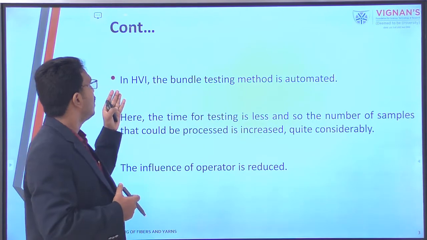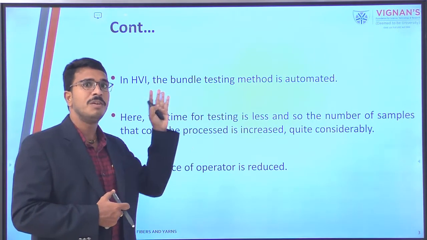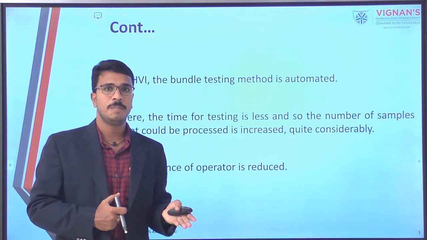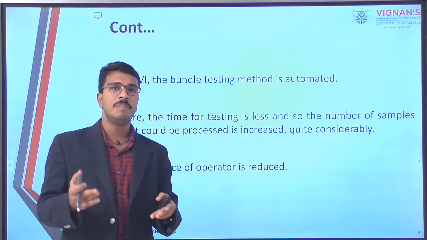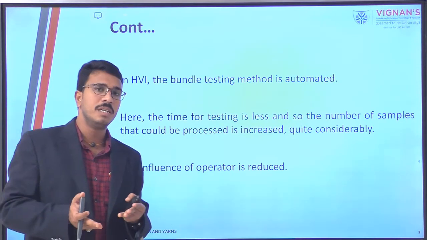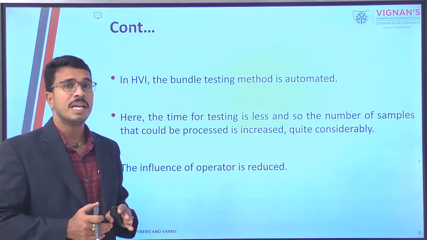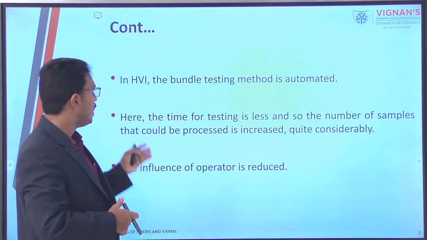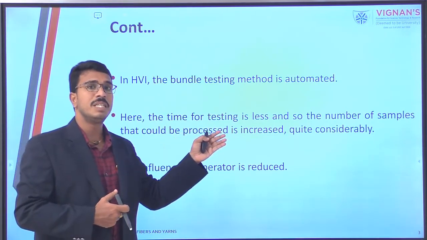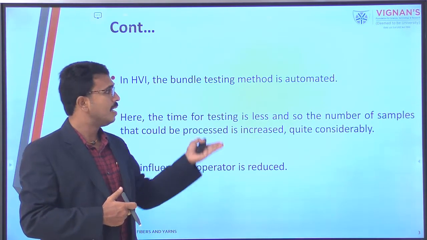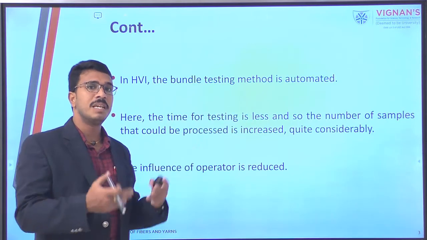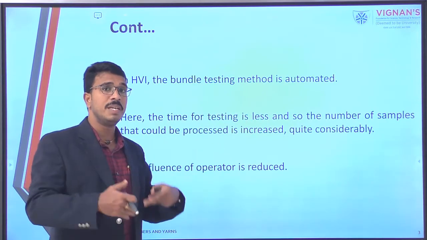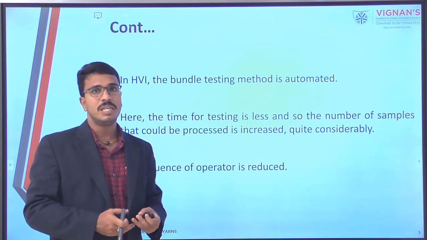In HVI, that is the high volume instrument, bundle testing is automated. All the fiber dimension related properties can be measured with automation, and the testing time is very short, so the number of samples processed can be increased considerably.